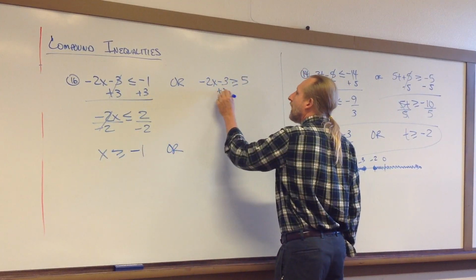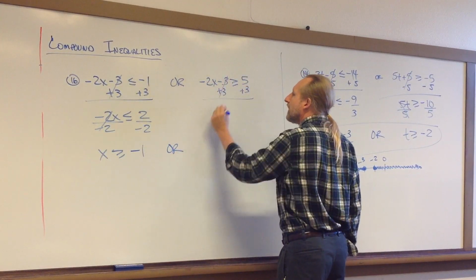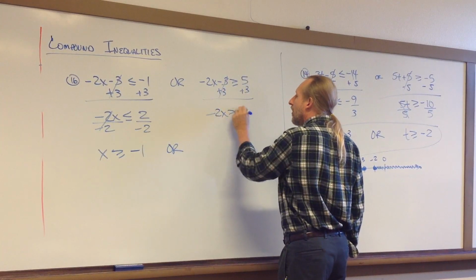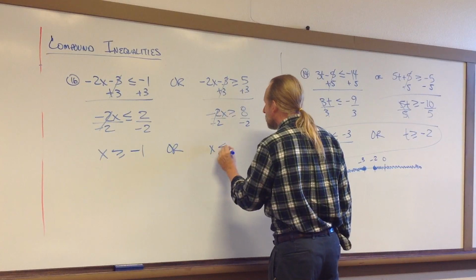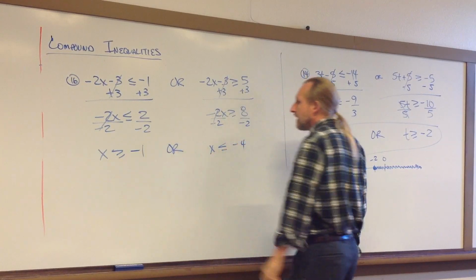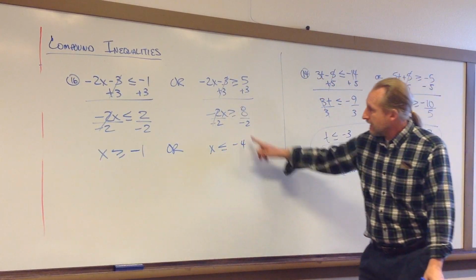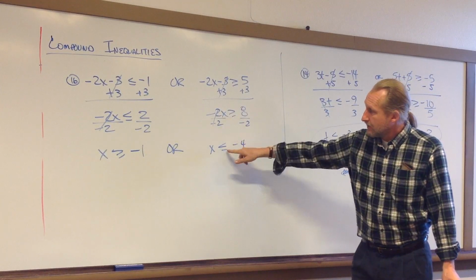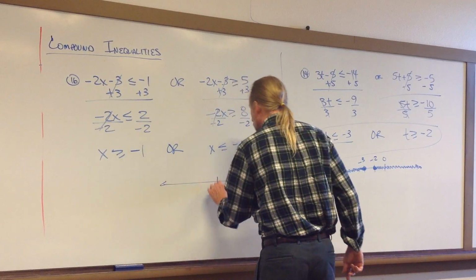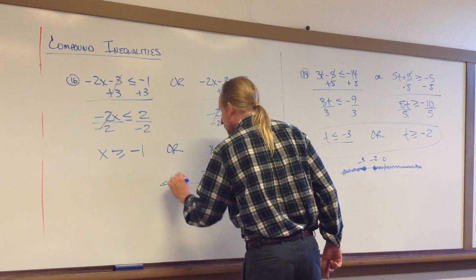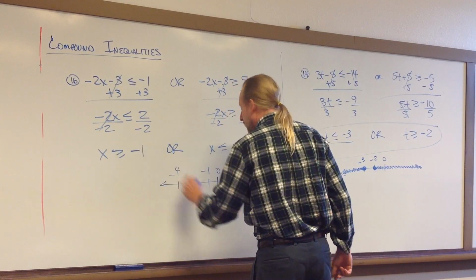Or add 3 to both sides there, and then divide by -2, x less than or equal to negative 4. Okay? And again, because we divided by negative 2, this flipped around, and that'll leave us with a solution. There's negative 1 and negative 4, our endpoints.